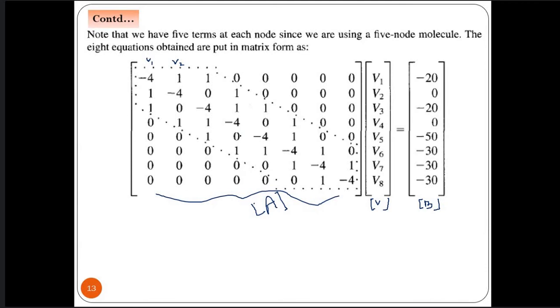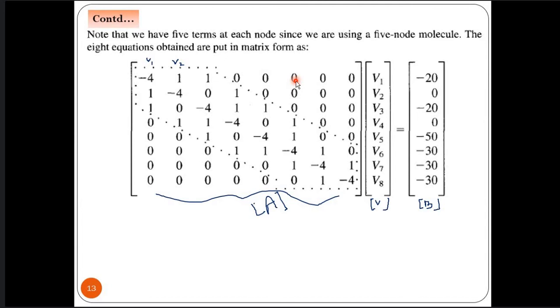Now you see that this particular matrix A consists of a large number of zero elements. That's why it is known as sparse matrix.